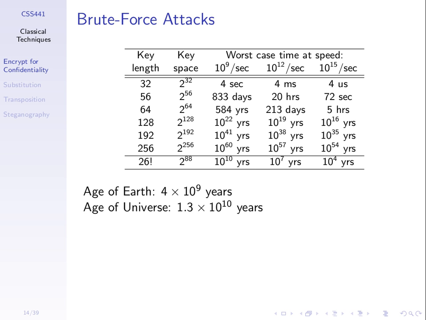The age of the universe is about 10 to the power of 10 years. So we start our brute force attack, and we must wait for the universe to end to get the result. Most attackers aren't prepared to wait that long. So we say this key length is secure, practically secure. It's good enough for us. In theory, they'll get there. In practice, not within reasonable time.